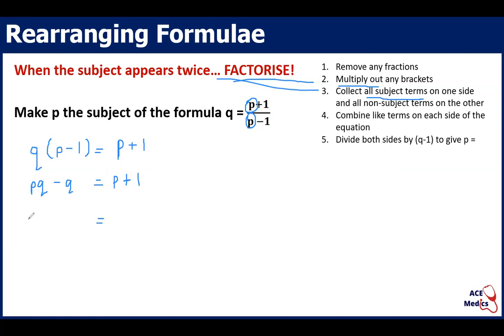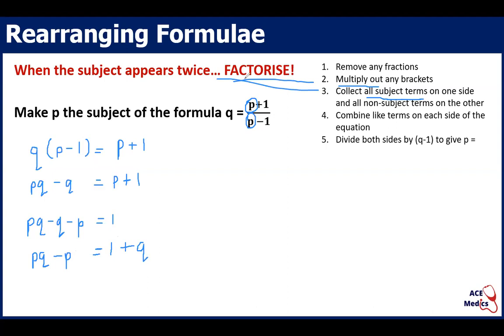So we're going to have PQ minus Q minus P equals 1. But let's put the Q on the other side because we just want the things including P's. So PQ minus P equals 1 plus Q. Right, so that's collected all the subject terms on one side and all the non-subject terms on the other side.